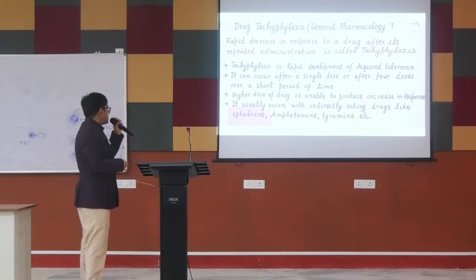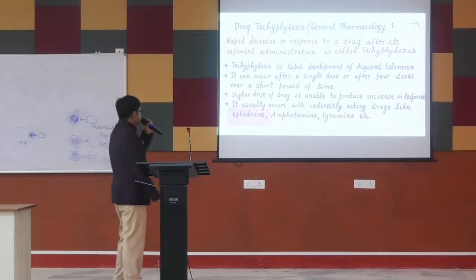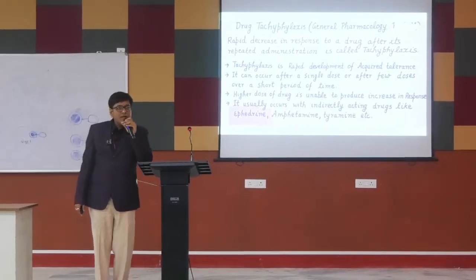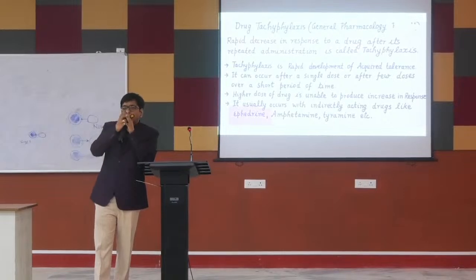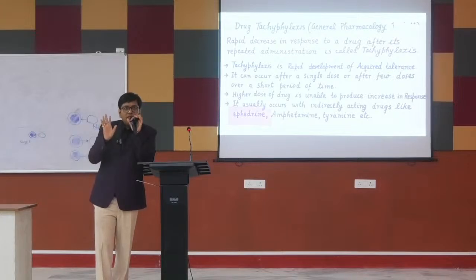A lot of examples are given, but the classical example you should remember for tachyphylaxis is ephedrine. Ephedrine is a sympathomimetic drug. What it does is that noradrenaline is synthesized in the adrenergic nerve endings, and ephedrine goes and displaces some noradrenaline from the nerve endings.